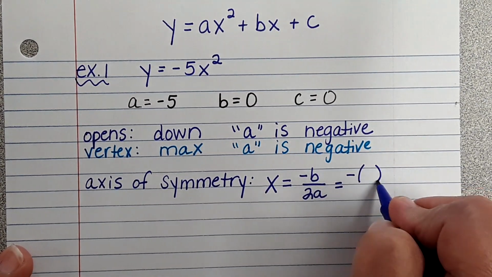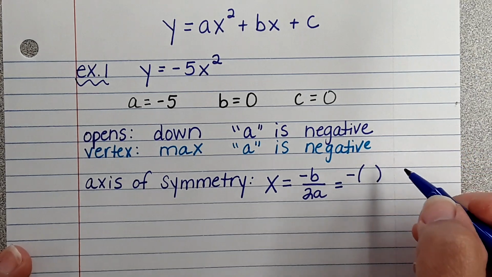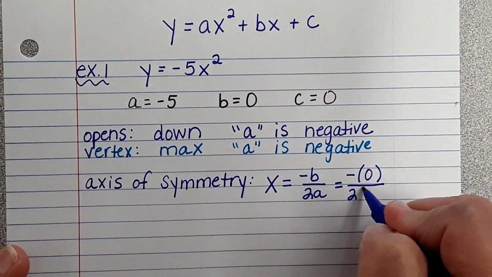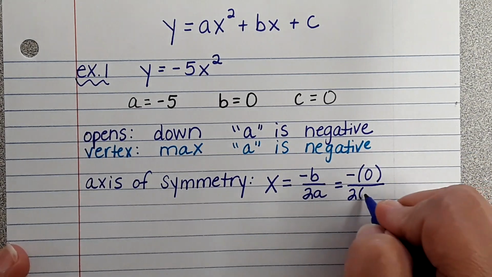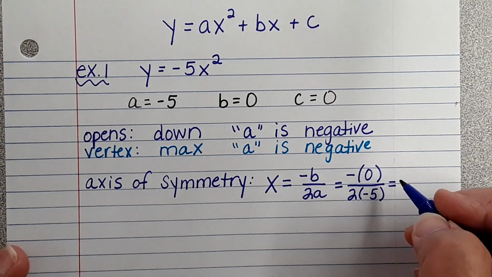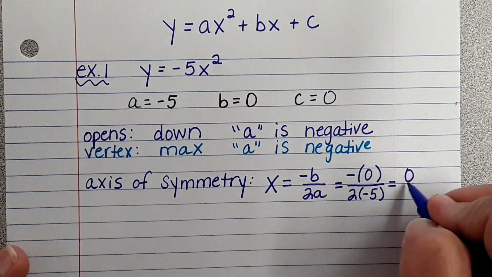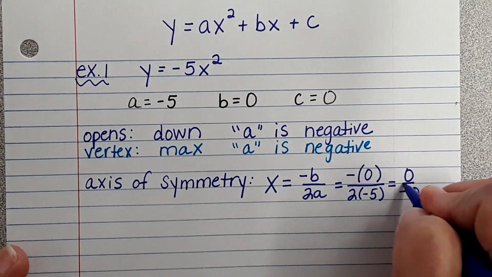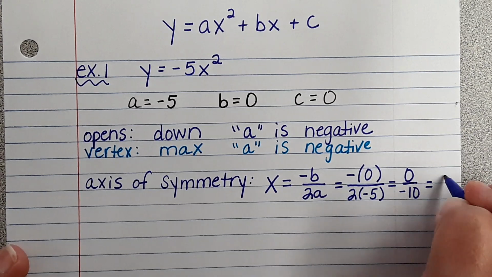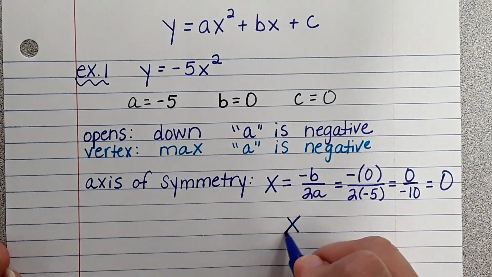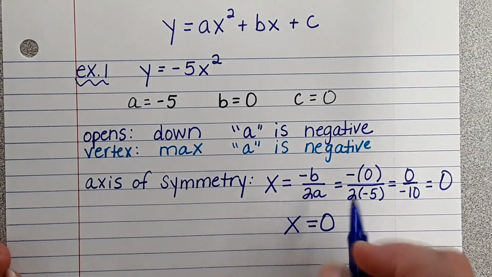What is B, you guys? 0. What is A? I heard it, -5. You guys, is there an opposite of 0? No, it's just 0, right? What's 2 times -5? And 0 over -10 is 0. So our axis of symmetry is x equals 0.